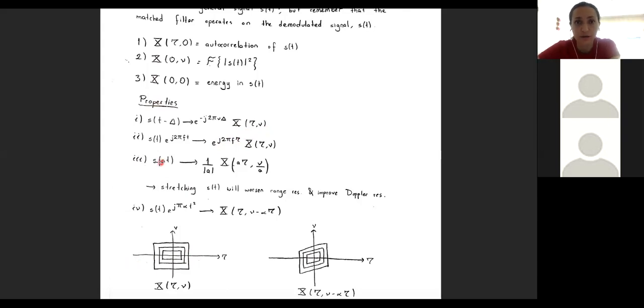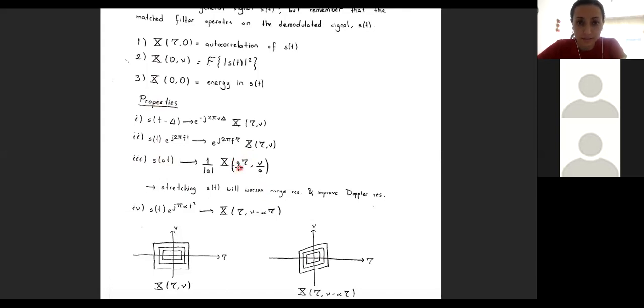Another important property. This can actually be the most important property of the ambiguity function: scale. If you have a signal scaled by a at the demodulator output, in the ambiguity function we're going to have the same scaling effect along the time variable, because remember that it carries time information.